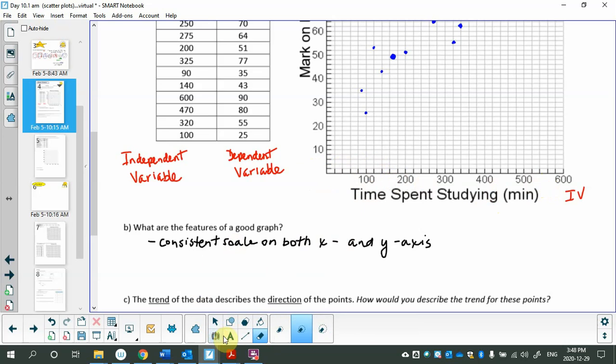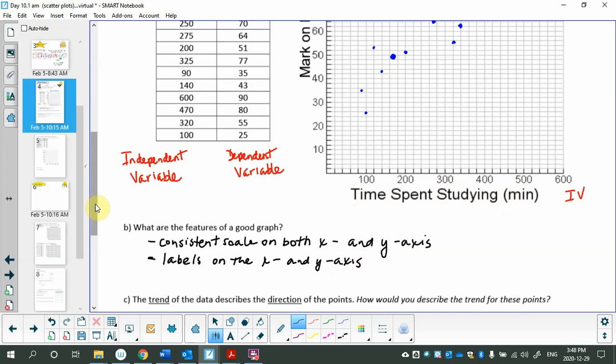The next thing you need to have a good graph, outside of putting all the dots on it, is you need labels on the x and y axis. So I'll draw your attention to these labels. This axis is called the time spent studying, and I'm telling you it's in minutes, not in hours.